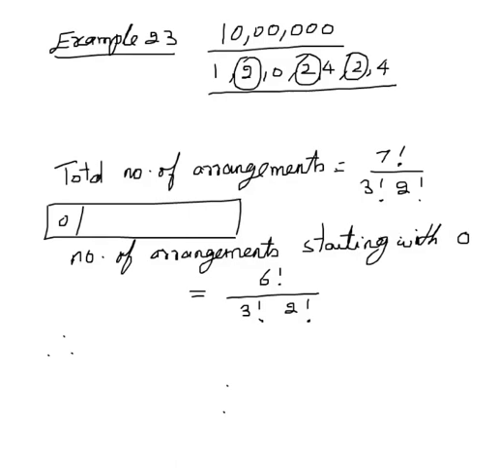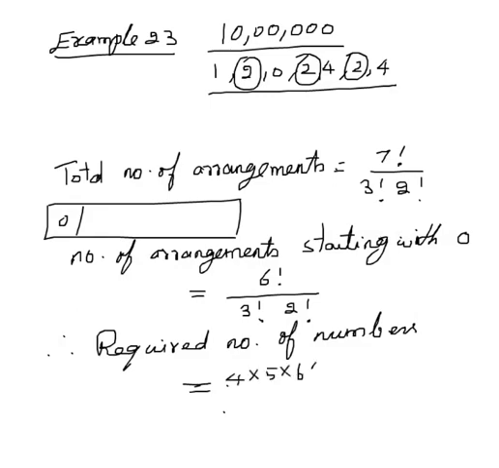Therefore, the required number of numbers more than 10 lakhs is equal to, cancel 3 factorial, 4, 5, 6 and 7 by 2 factorial, minus cancel 3 factorial from 6 factorial, 4, 5 and 6 divided by 2.